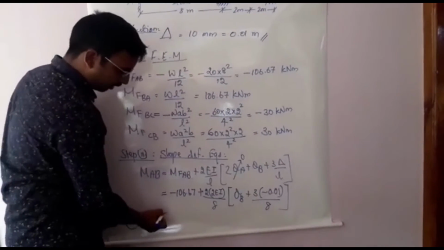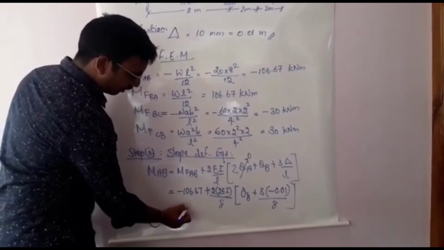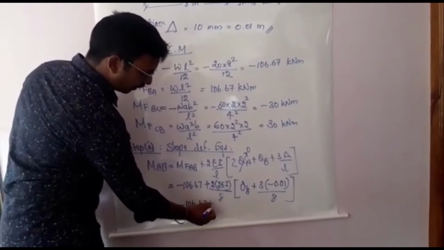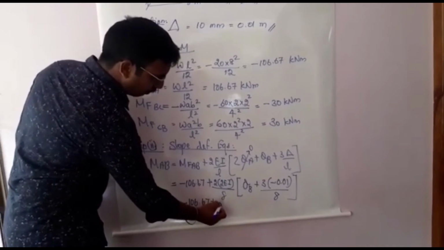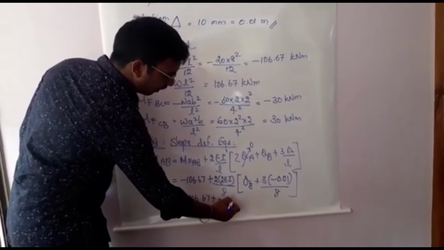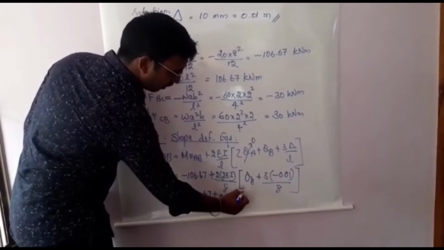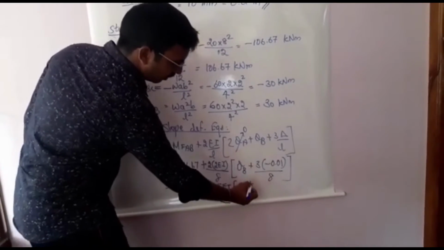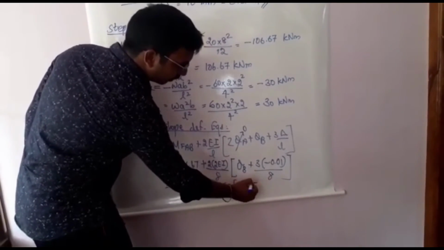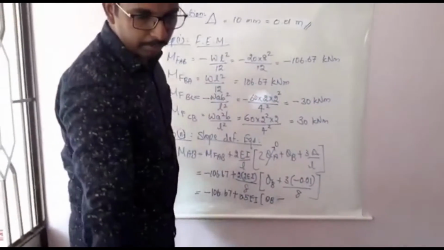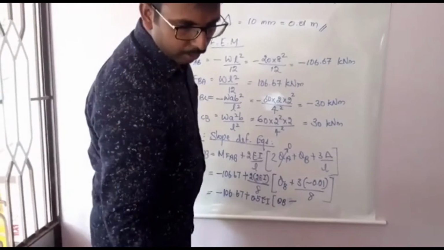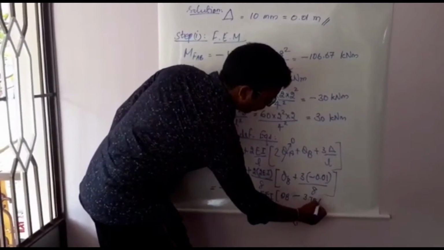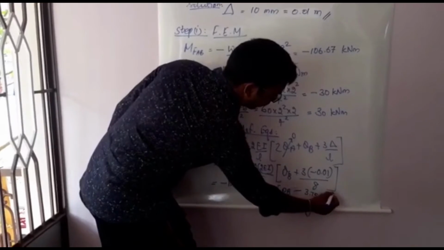You will get minus 106.67 plus 0.5 EI into theta B plus minus 3.75 into 10 power minus 3.